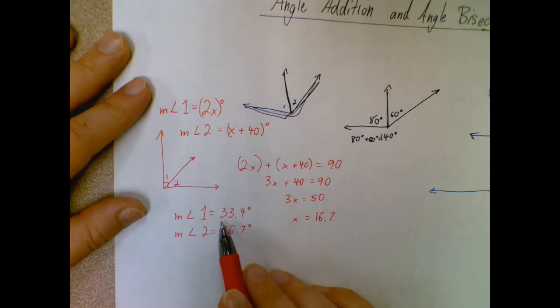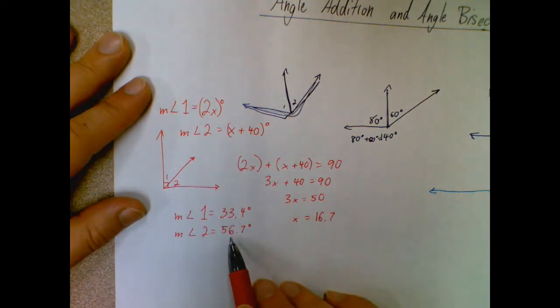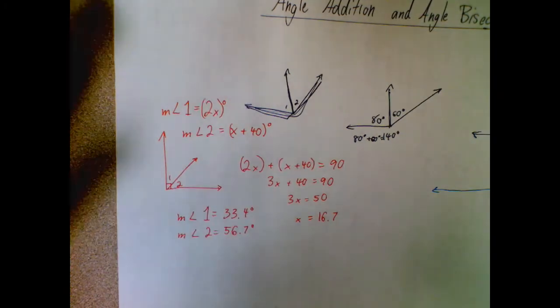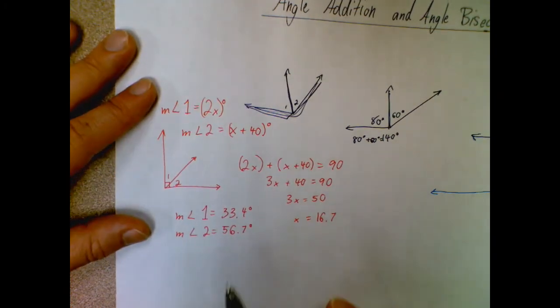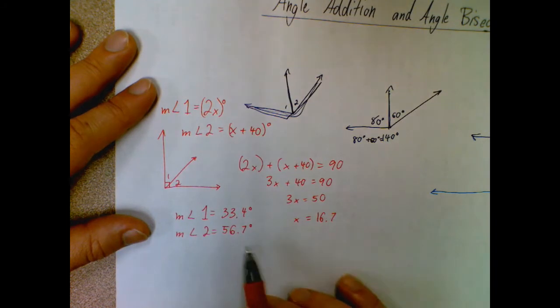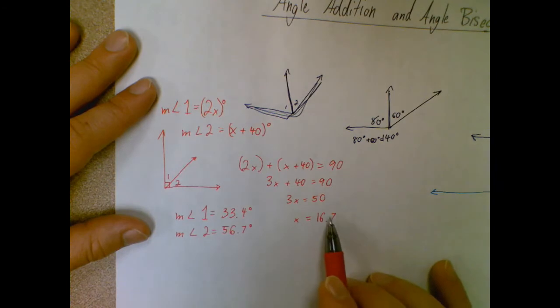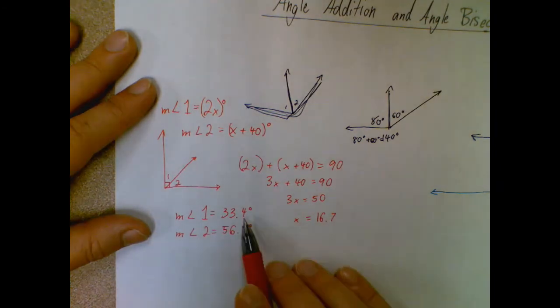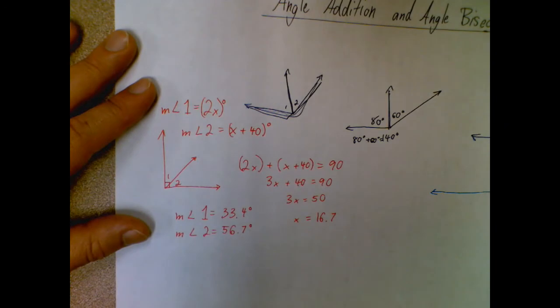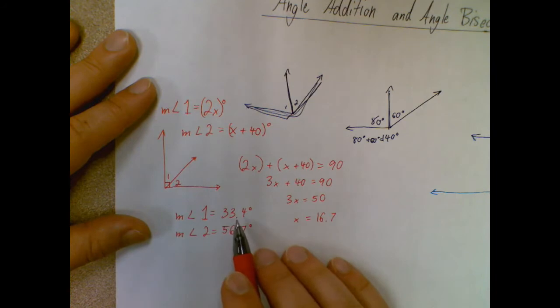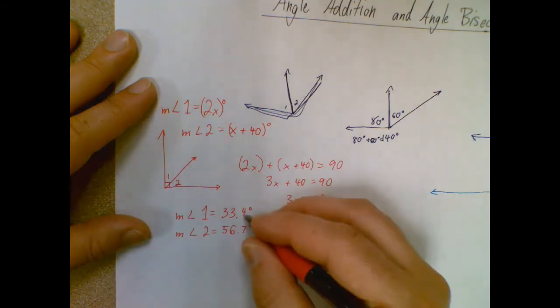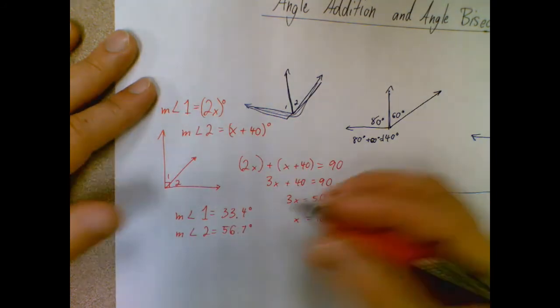If I add this up, I end up with 90.1. So there is a little bit off because of my rounding error. When I rounded 16.66667 up to 16.7, that throws it off a little bit. So you can adjust one of these down. Since this was my smaller one, I'll do it here, or you can leave it, it depends.